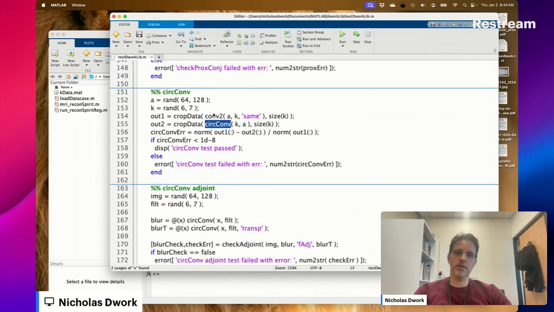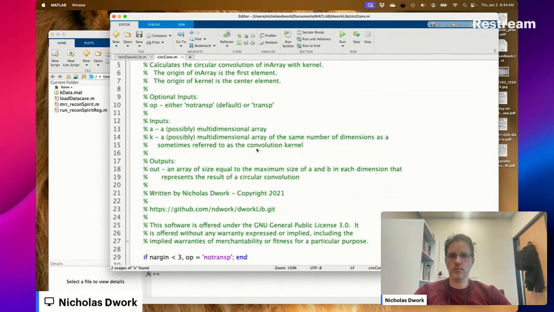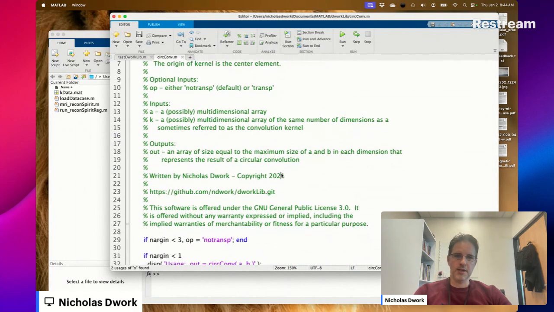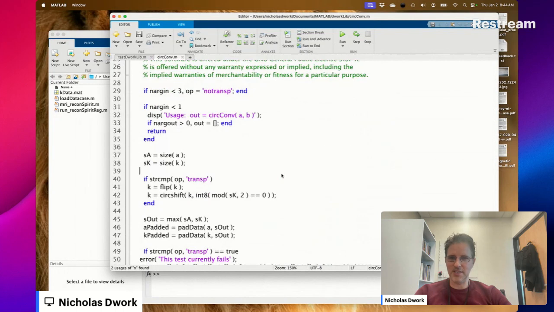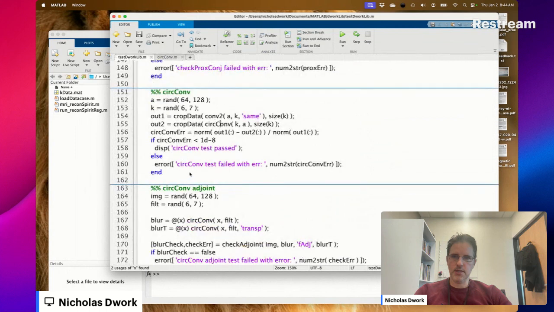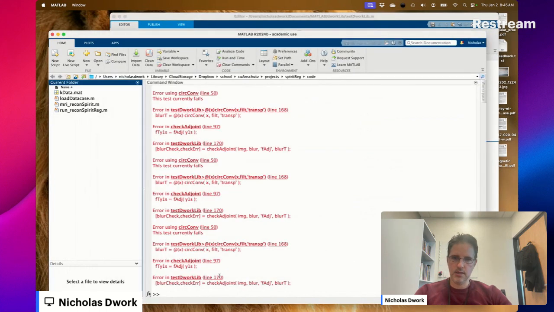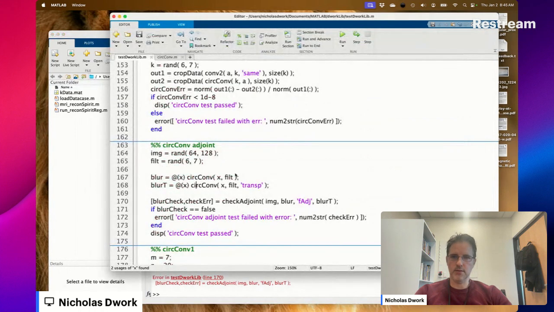Oh no, I'm comparing circ-conv to MATLAB's convolution. Okay. I started this in 2021 and I still haven't gotten to it. This looks interesting. So this test fails, right? Yes. This test currently fails. Fine.